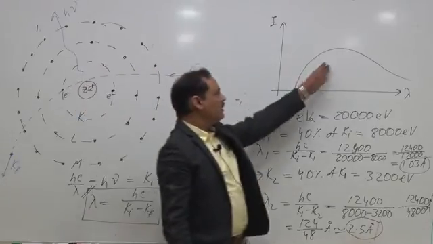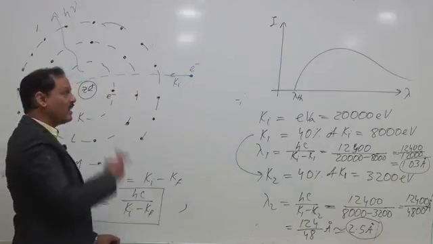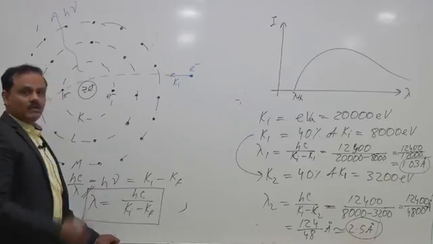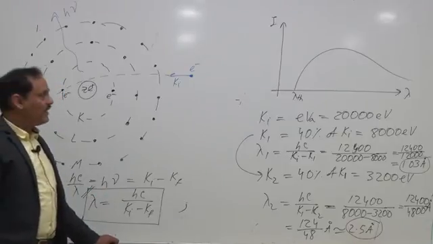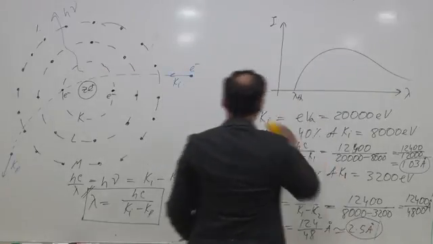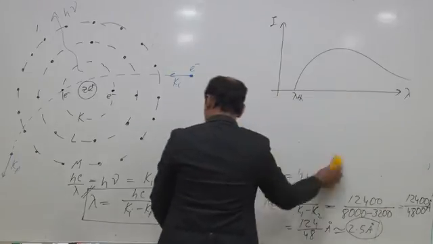So there is a peak in the graph. This is the intensity versus wavelength graph for continuous X-ray. Now the graph can be varied in different ways. Let us see how the I versus lambda graph can vary.